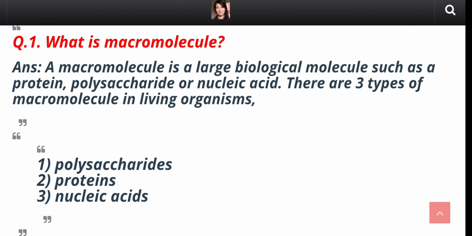There are three types of macromolecules in living organisms. Number one, polysaccharides, number two, proteins, and number three, nucleic acids. Here are three things you must remember, you can write them down. It can help you. Make sure you have pen and paper, these are very important topics, so pause the video and try to write with me. Alright, let's go to the next one.